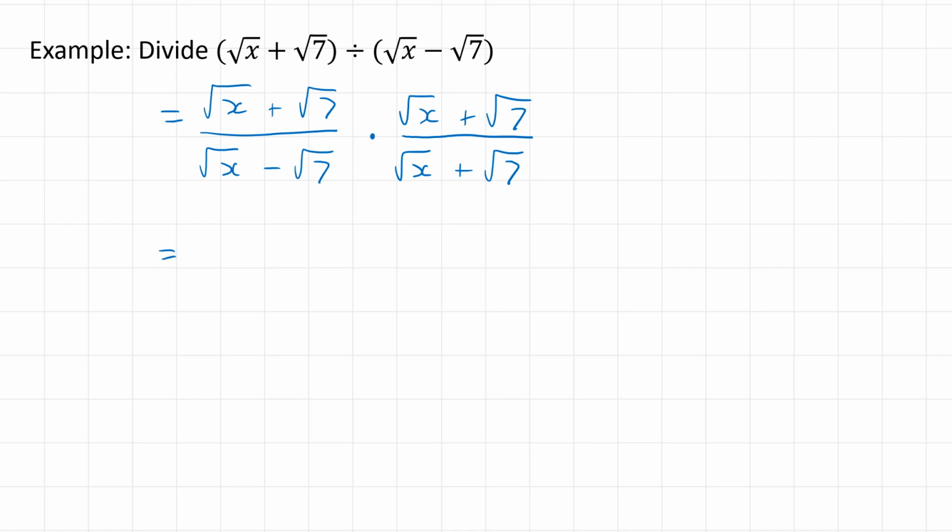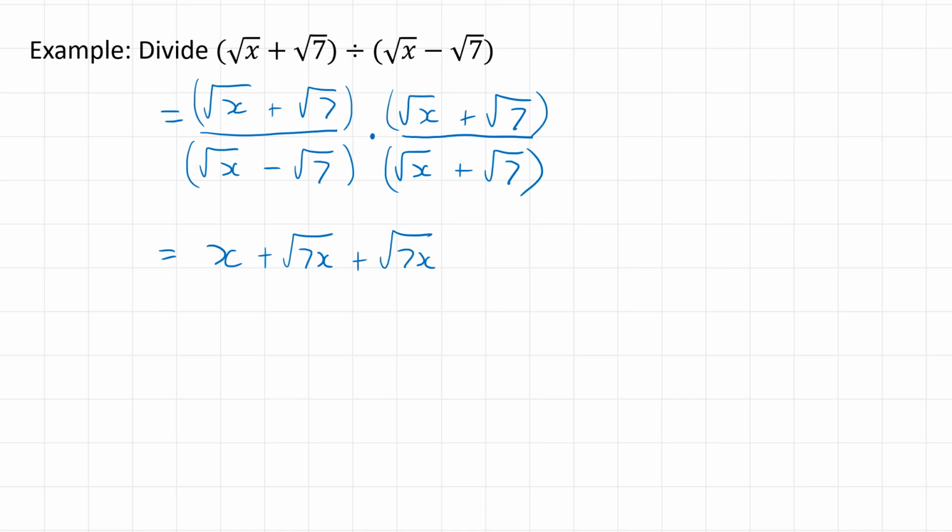Okay, so when we are expanding the tops, we pretend each of these numerators are their own brackets. Ditto with these denominators. And if we FOIL through the two numerators, we get root x times root x is x. And then we get root x times root 7 is root 7x. And root 7 times root x is another root 7x.